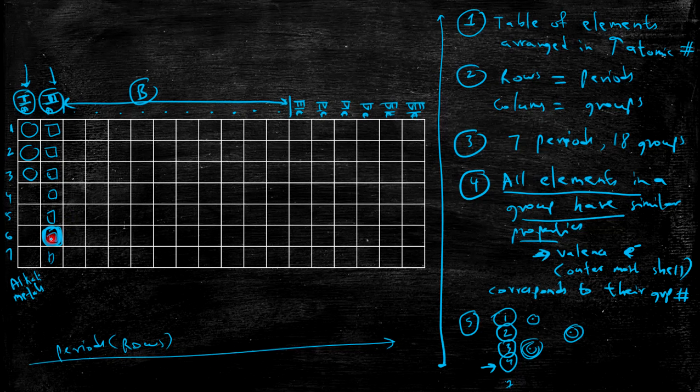And that outermost shell will be the 6th because it belongs to the 6th period. Okay, so the group 2A elements together are called alkaline earth metals.